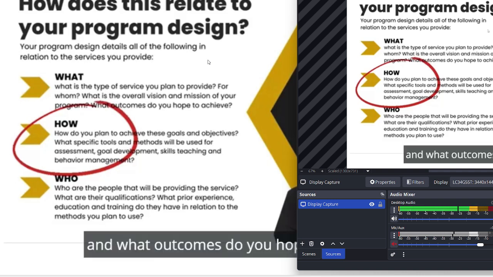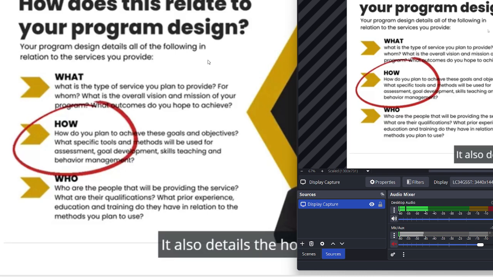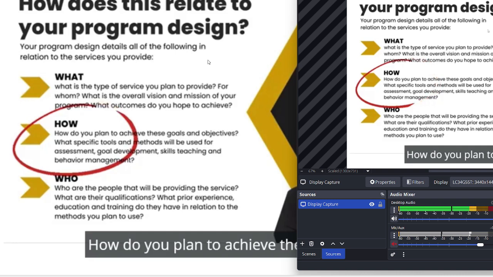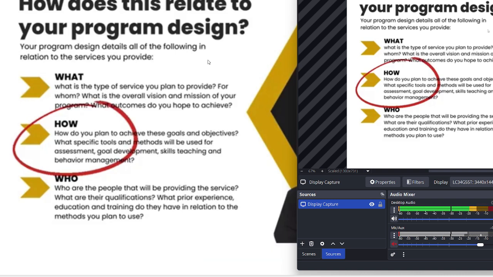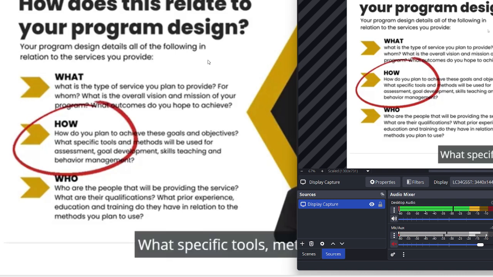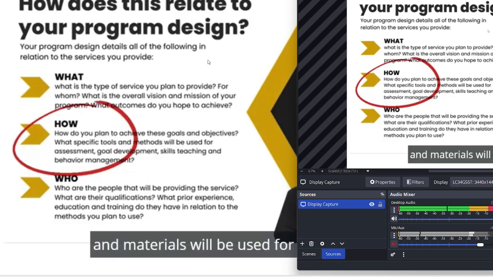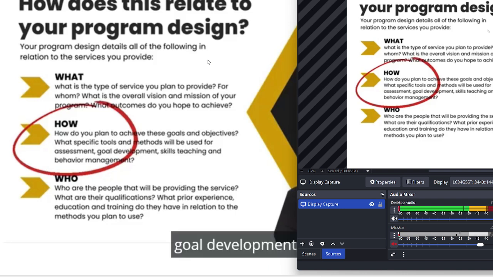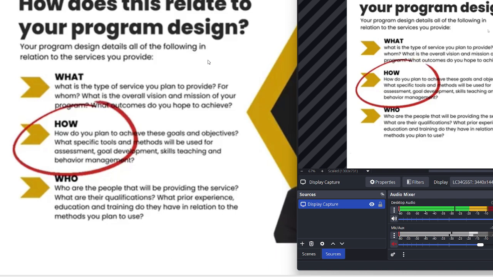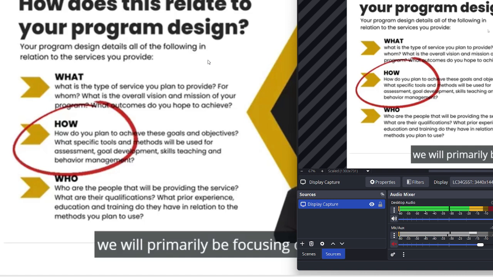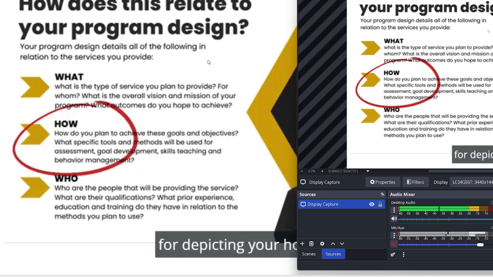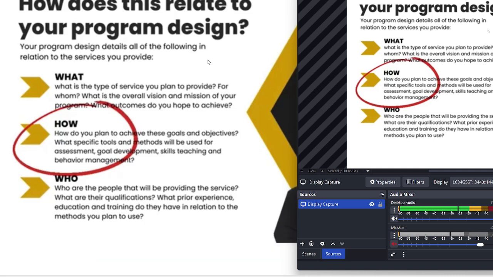And what outcomes do you hope to achieve? It also details the how. How do you plan to achieve these goals and objectives? What specific tools, methods, and materials will be used for assessment, goal development, skills teaching, and behavior management? And in this presentation, we will primarily be focusing on guidance for depicting your how.